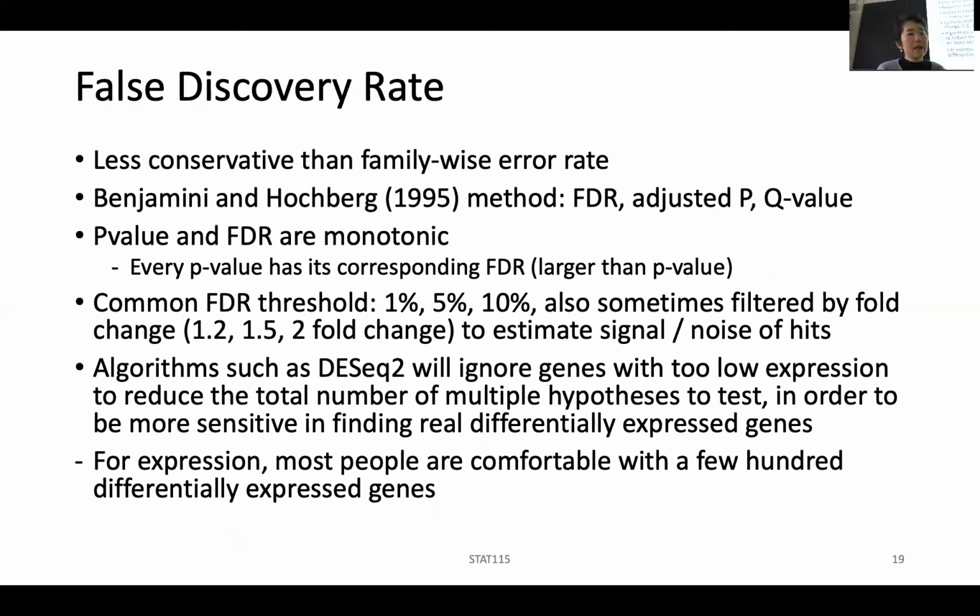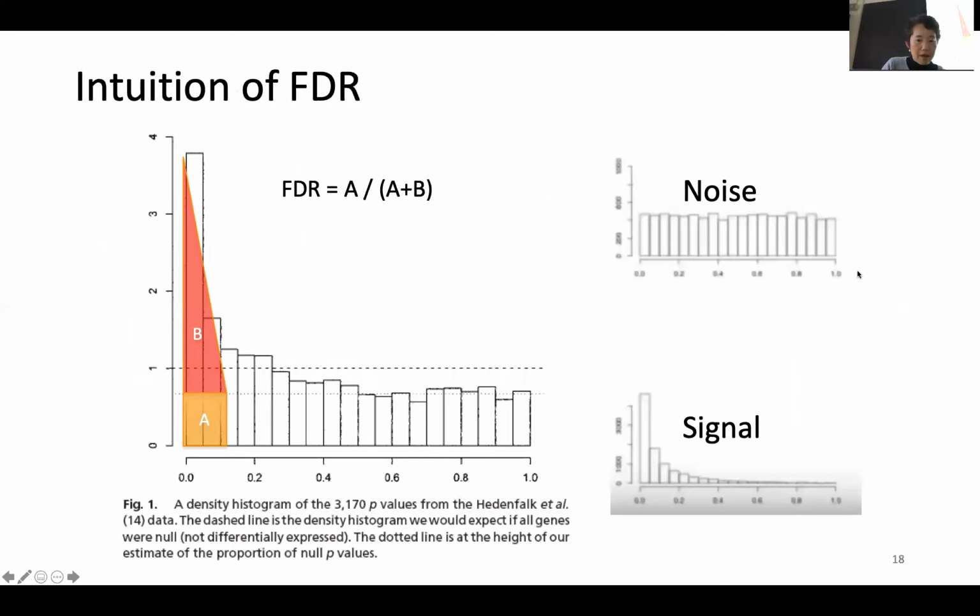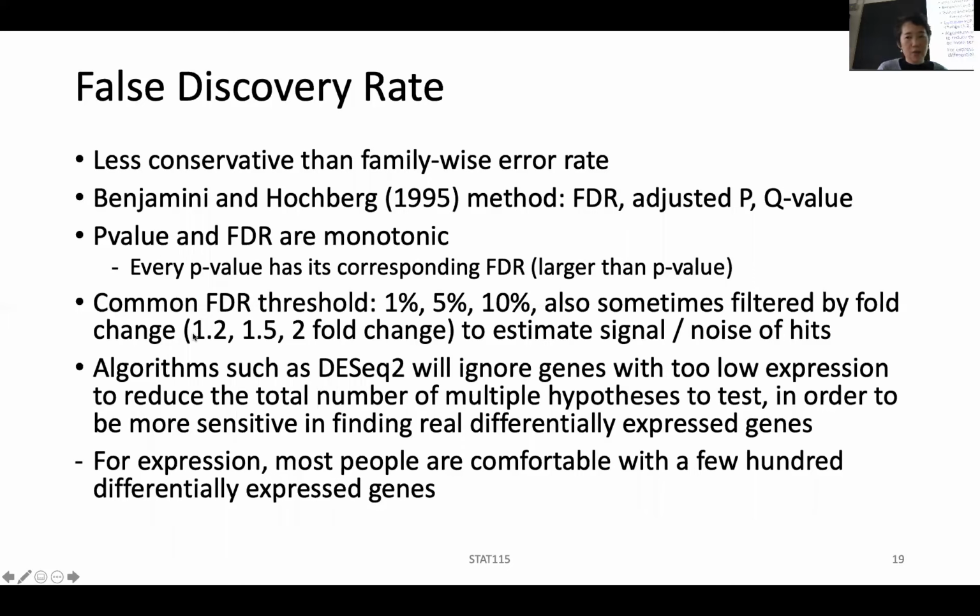FDR is a less conservative way to do multiple hypothesis correction than the family-wise error rate. A very widely used method is called Benjamini-Hochberg. It estimates this FDR. The rough idea is that you estimate by extrapolation from the right side. All of the things on the right give you the level of noise, and this tells you how much truth you are going to have.